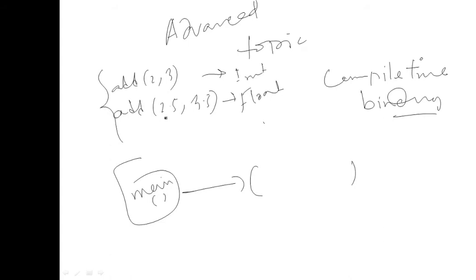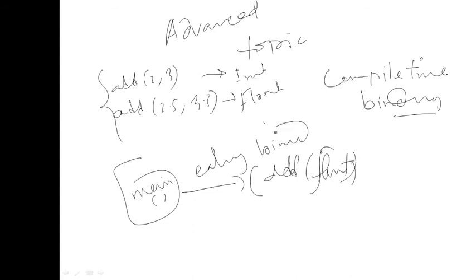There is no runtime activity, because before runtime you have already selected, suppose, the float version. So this is called early binding, or static binding, or sometimes compile time binding, and we call it compile time polymorphism. That is, function overloading is an example of compile time polymorphism.